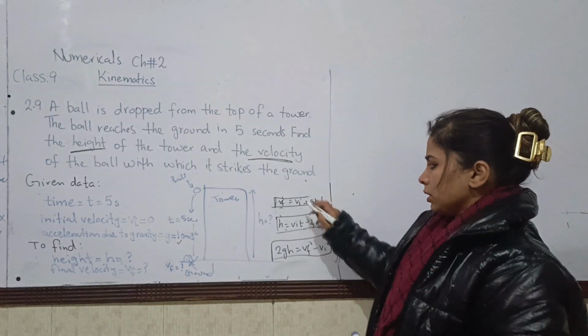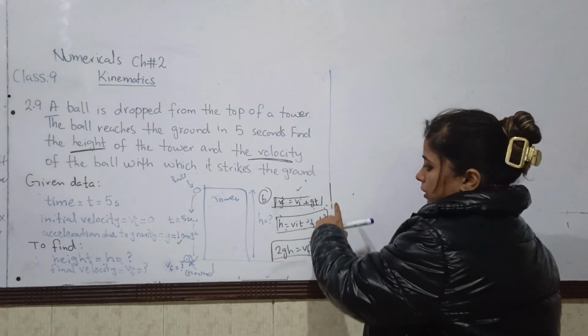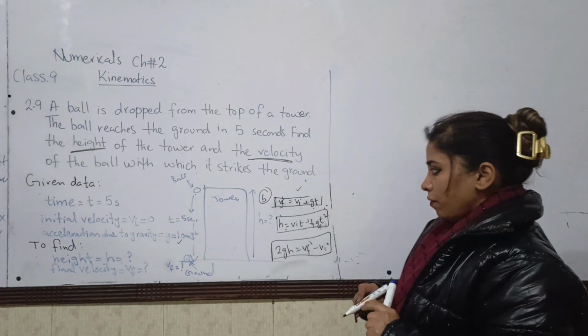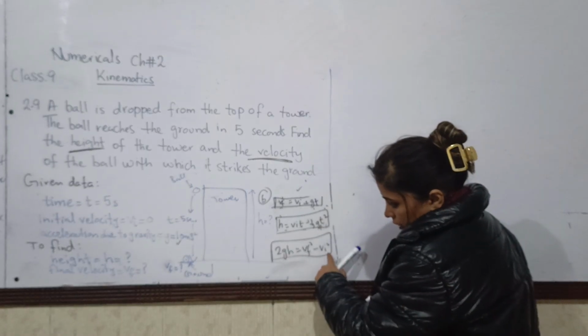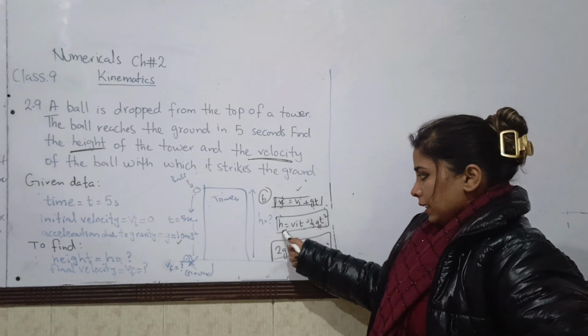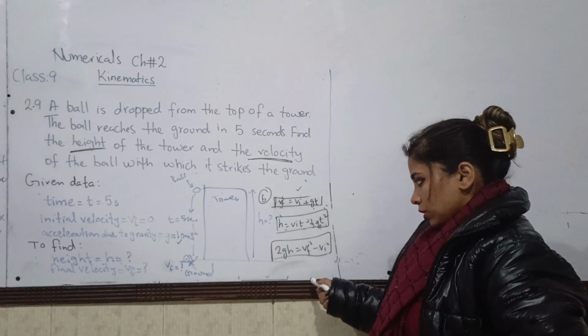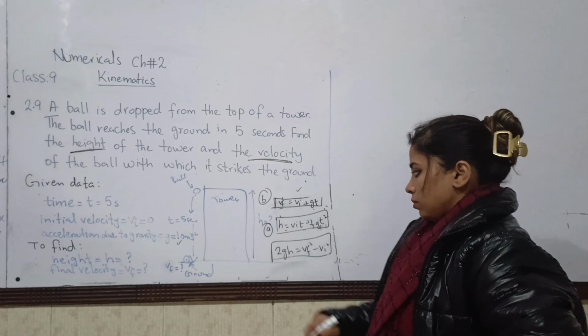We can find the final velocity with this, but that is the second part. So for the second part we will use this equation for finding the final velocity. Now we have two options: either we will use this or this. We want to find height. You can use both equations. I will use this one for the first part.